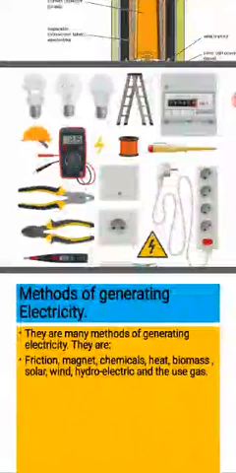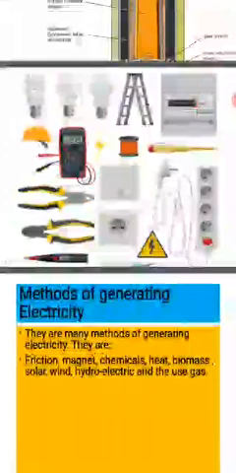The methods of generating electricity. There are many methods of generating electricity. There are friction, magnet, chemicals, heat, biomass, solar, wind, hydroelectric, and the use of gas. In all these you are generating electricity.